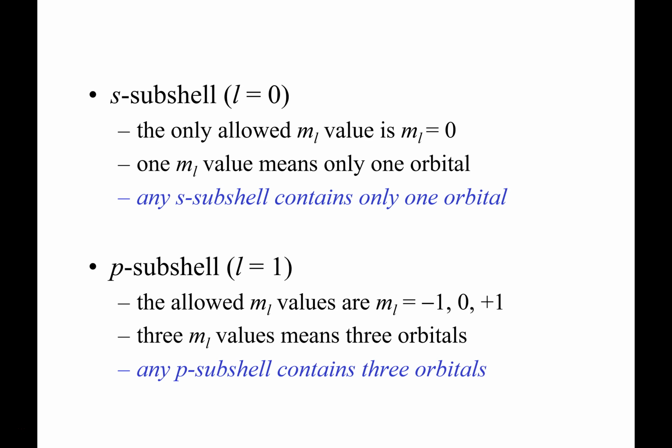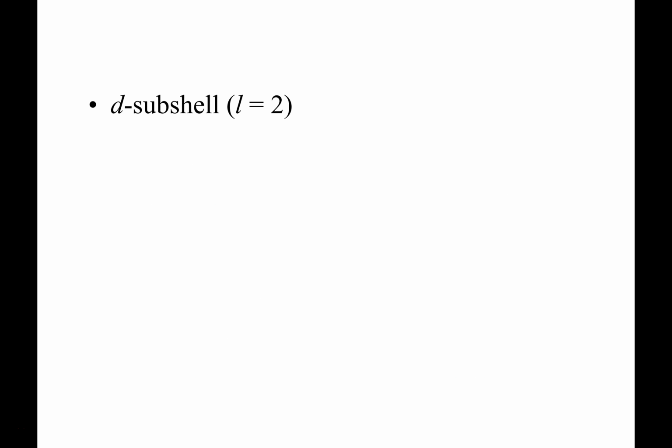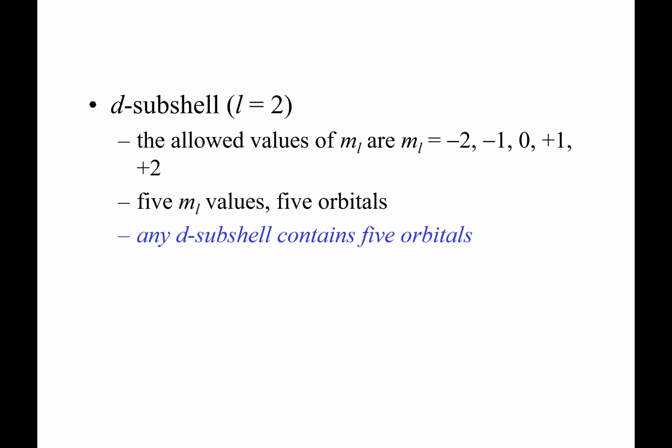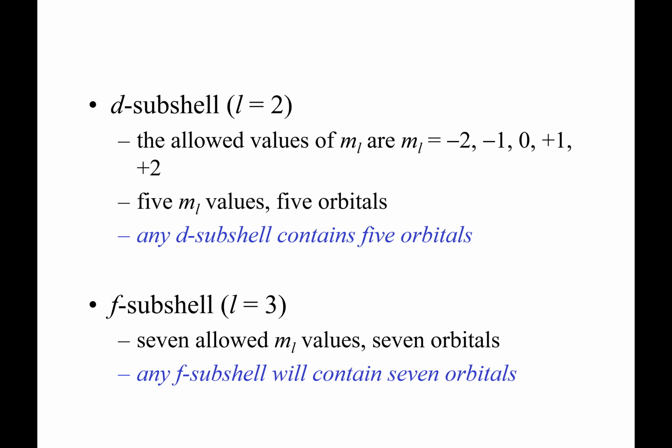Because we have 3 m sub L values: 0 and plus or minus 1, because P is 1. D type, L is equal to 2, so we have 5 values: 0, plus or minus 1, plus or minus 2. An F-type subshell corresponds to L equal to 3. That gives us 0, plus or minus 1, plus or minus 2, plus or minus 3. So that's why we get 7. Not bad.